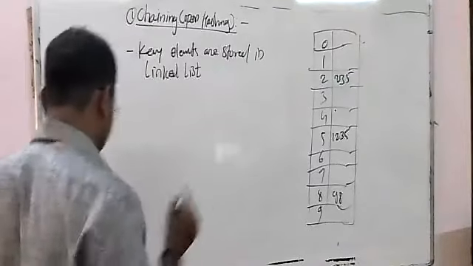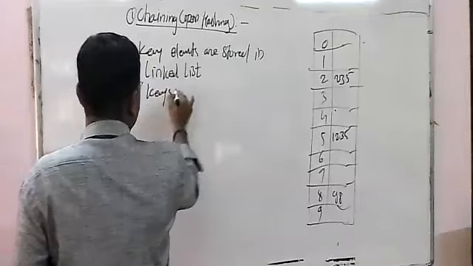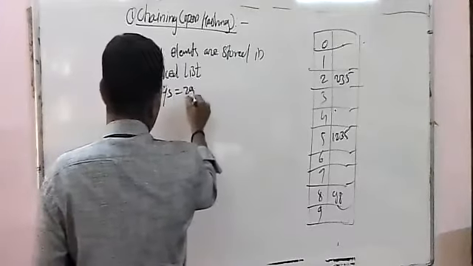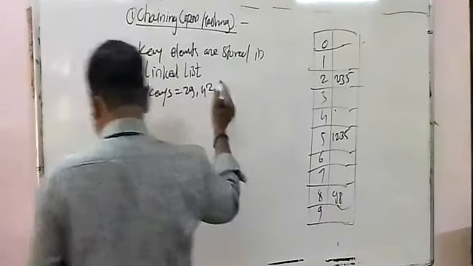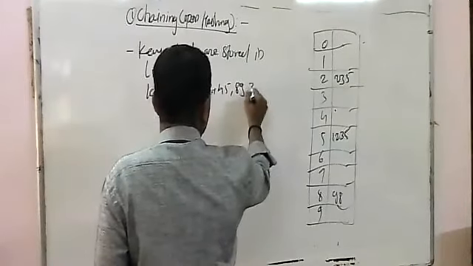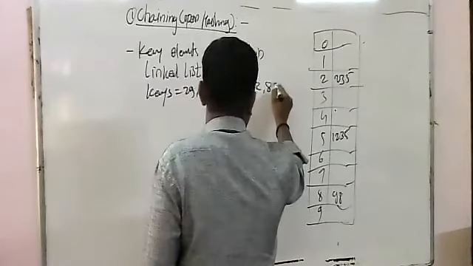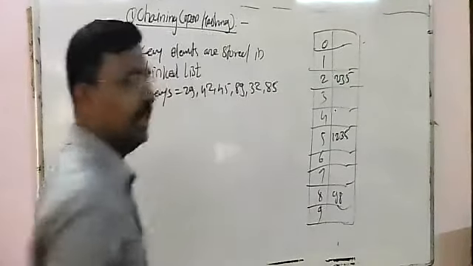For example, suppose we are having some number of keys like this: 29, 42, 45, 89, 32, and 85. Suppose these are the elements.